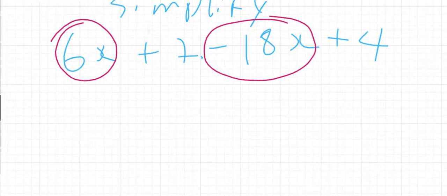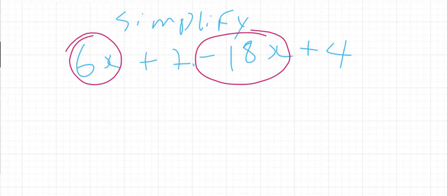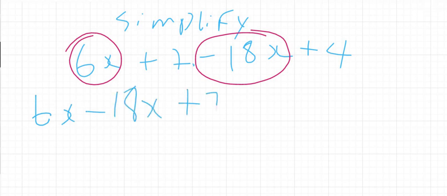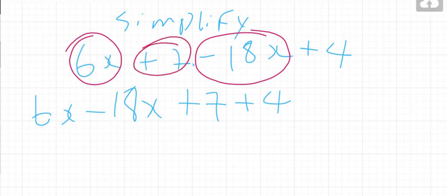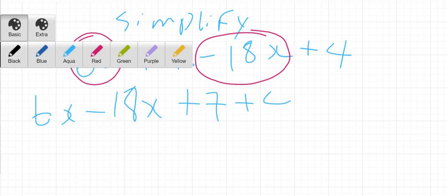So we have now 6x minus 18x plus 7 plus 4. These are the like terms, and the constants are like terms. Let me use a different color so you can see what is happening.